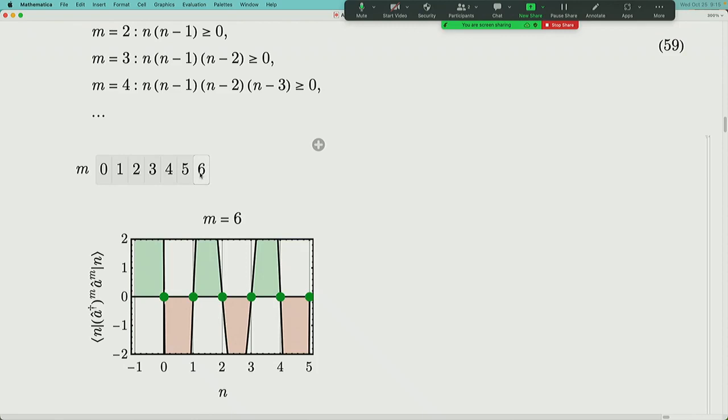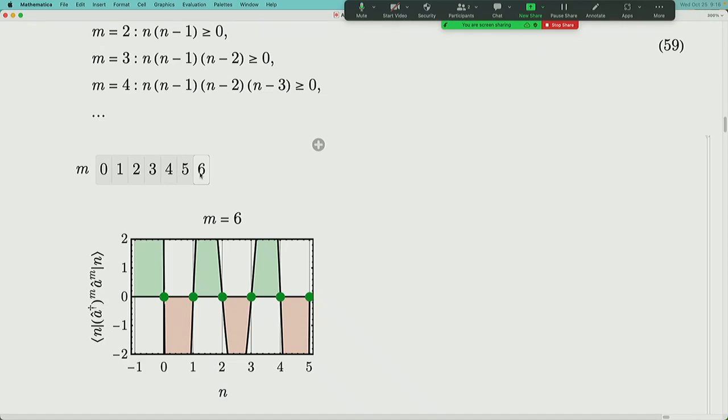So once you crank up this inequality order higher and higher, and go through all the possible inequalities, what you will find is that the feasible region of the value n gets constrained to discrete isolated points. And all these isolated points happen at the positive integers, or let's say natural numbers, non-negative integers, okay?